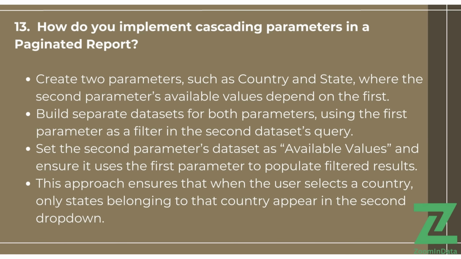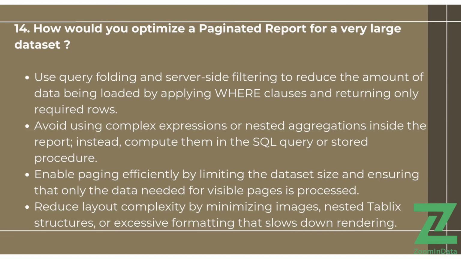Set the second parameter's dataset as available values, and ensure it uses the first parameter to populate filtered results. This approach ensures that when the user selects a country, only states belonging to that country appear in the second dropdown.